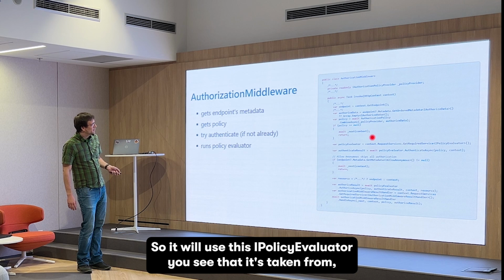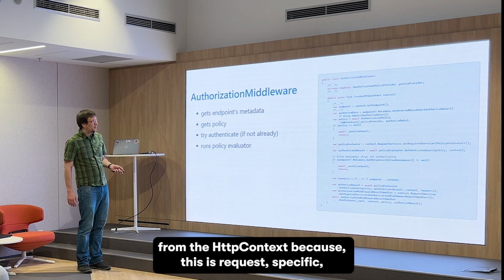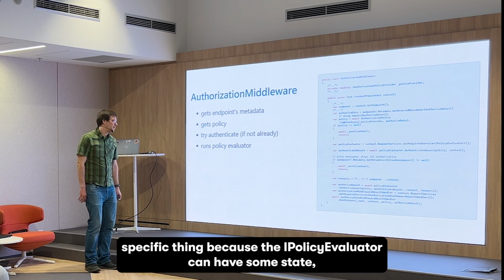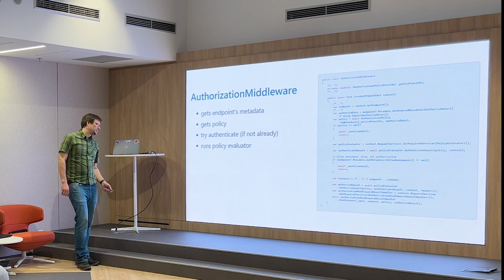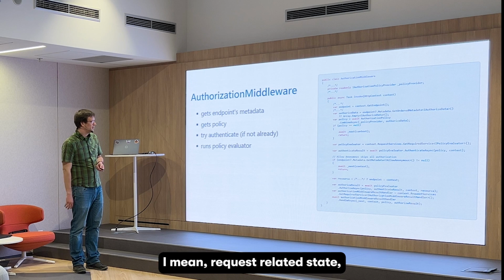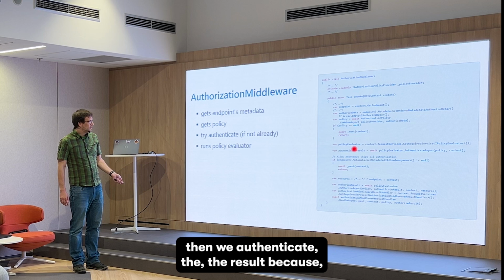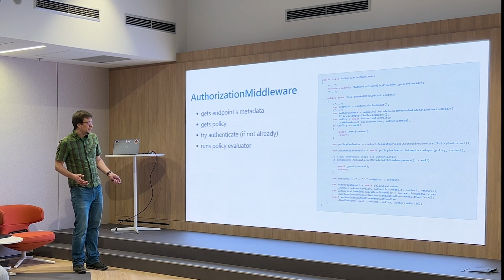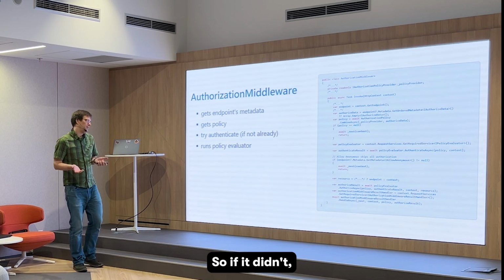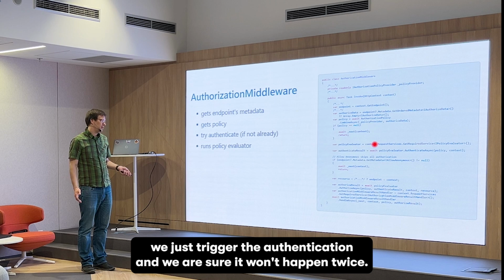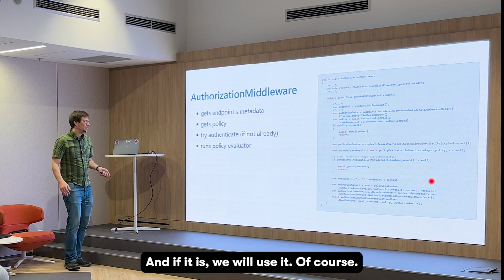You see that it's taken from the HttpContext, because this is a request-specific thing, as the IPolicyEvaluator can have some state, I mean request-related state. Then we authenticate, because we don't really know whether the authentication already happened. If it didn't, we just trigger the authentication and we are sure it won't happen twice. We just check if something is there, and if it is, we will use it, of course.